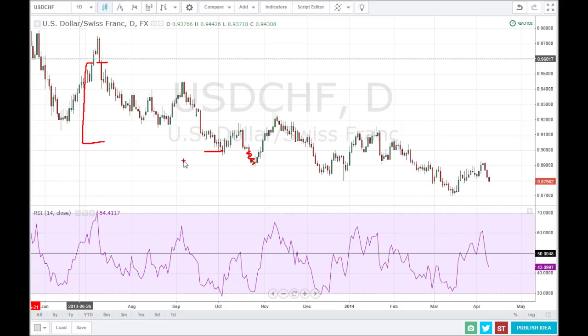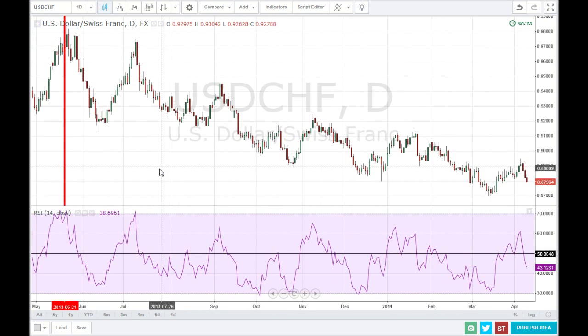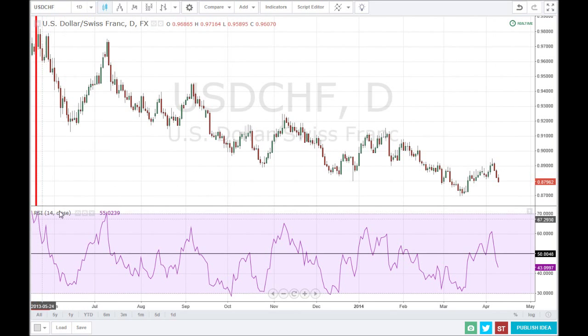The RSI indicator also has another feature that the stochastic doesn't, and that's this center line here, which is set at 50 on the gauge. And how this center line works is when the RSI line passes this center line, it can signal a movement on the upside or the downside.